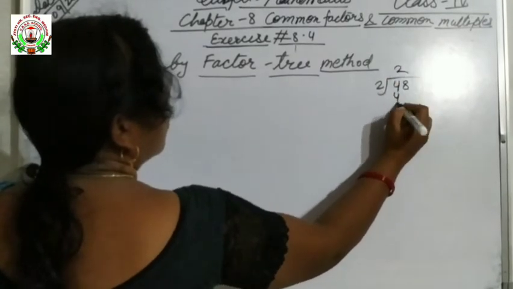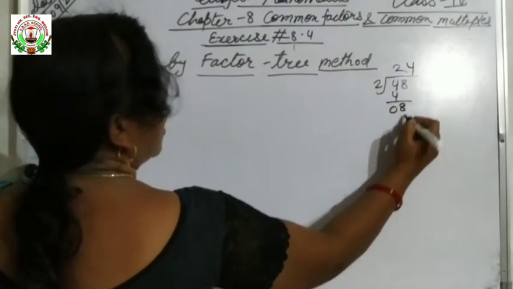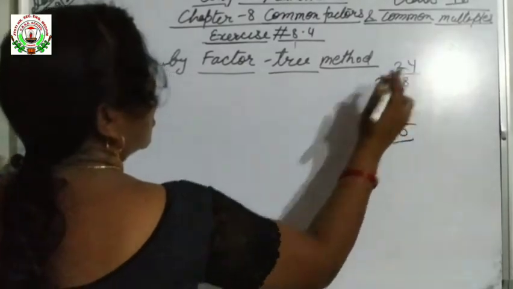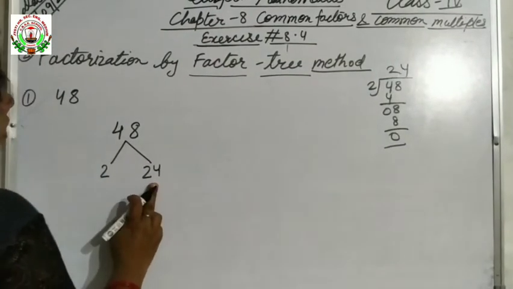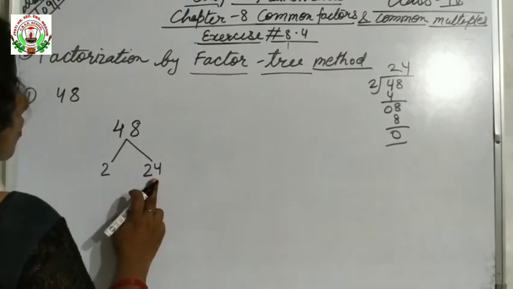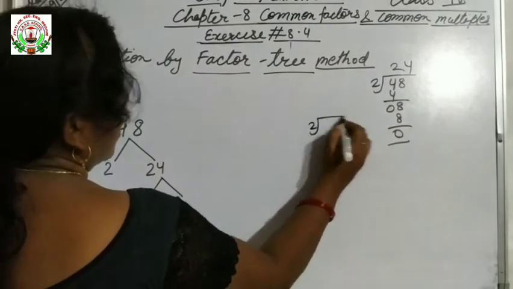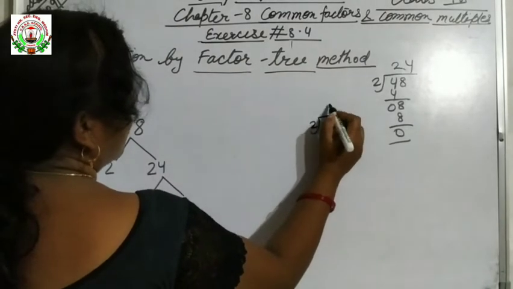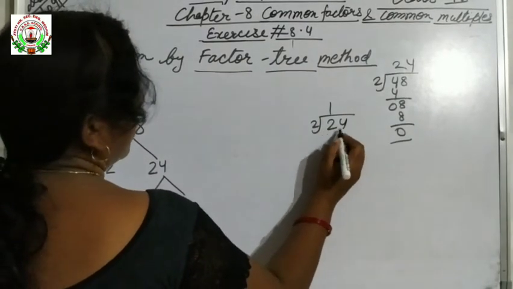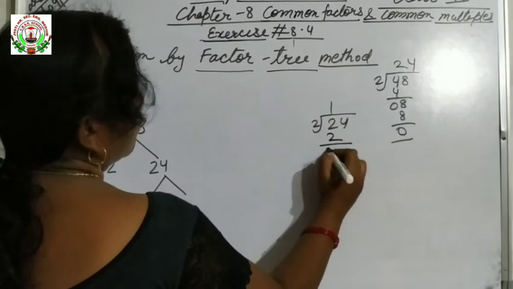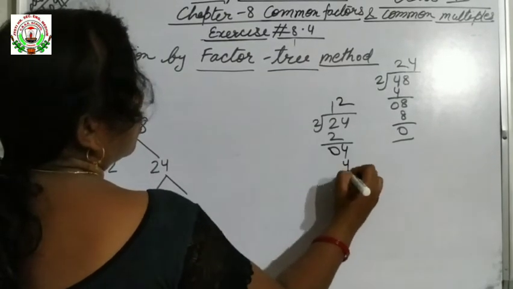2 twos are 4, 2 fours are 8. So what are you getting? 24. So you will write 2 here and then 24. It is not a prime number, it is a composite number, so again we will factor it. We will find the factors of 24. 2 ones are 2 and 2 twos are 4.